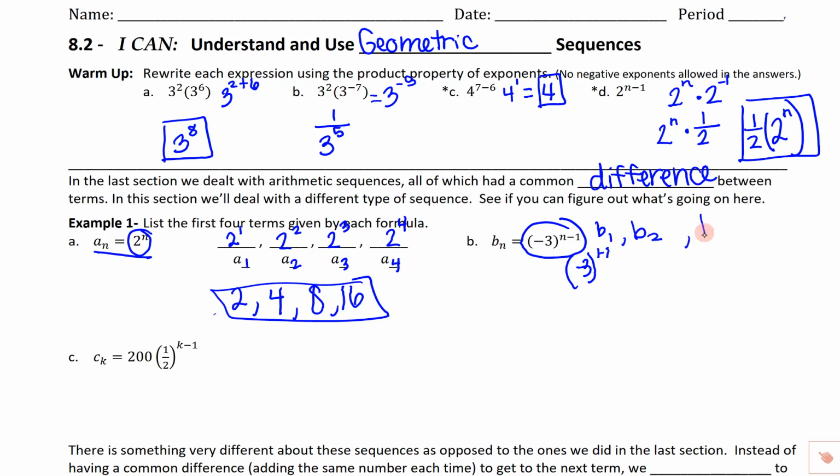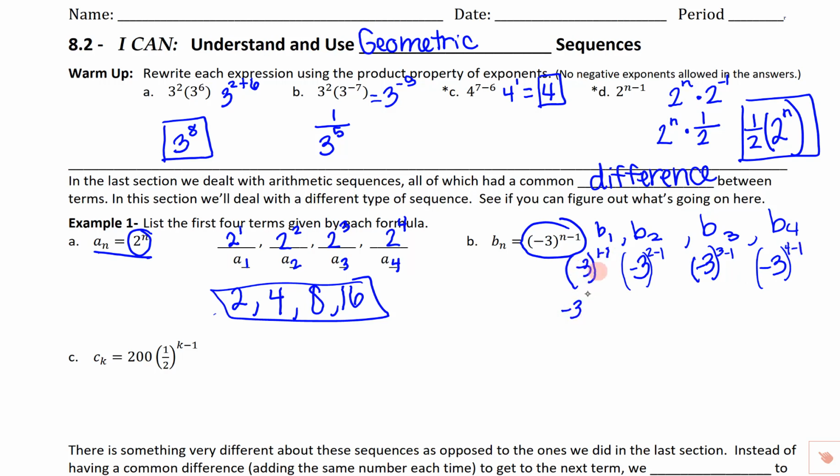We're going to do the same thing for all of them. So then we're going to plug in 2. 2 minus 1. And then we're going to plug in 3, and then we're going to plug in 4.